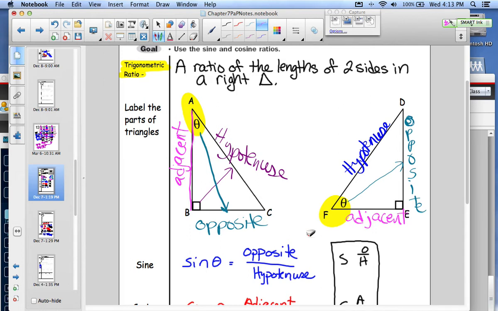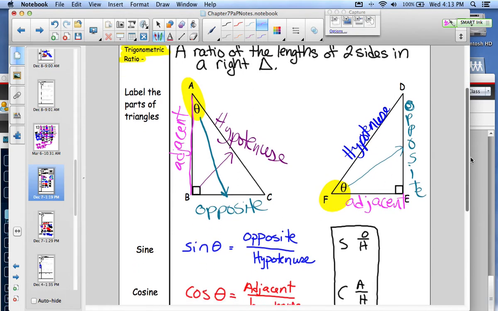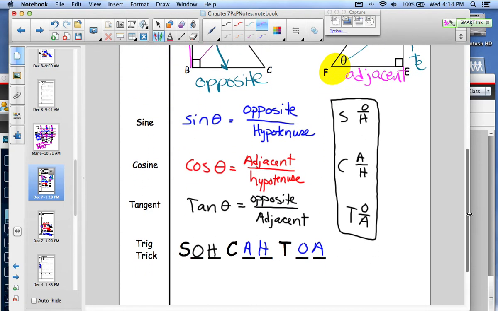And you need to label what those two things are because you need to use them. And depending on which two things you're using, if you're using the hypotenuse and the opposite, or maybe the adjacent and the opposite, the ones that you're using will determine which function you need to use.